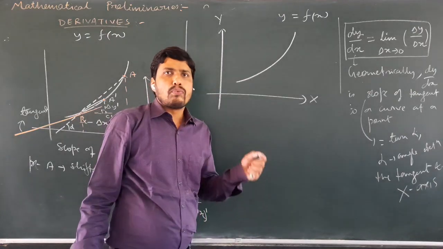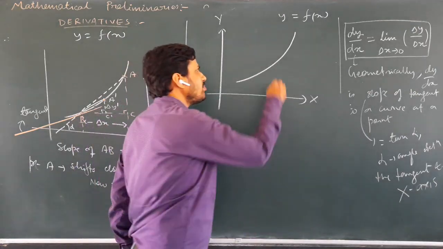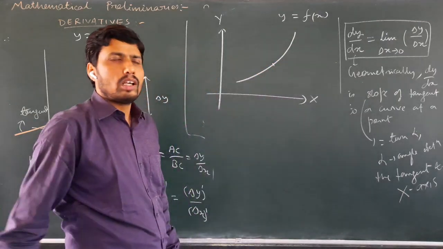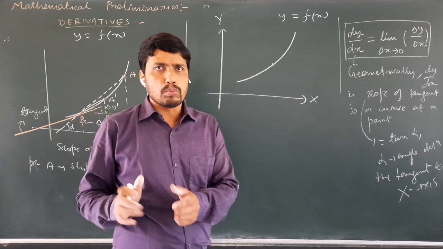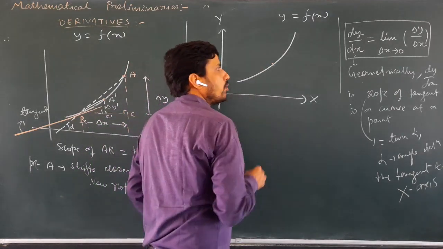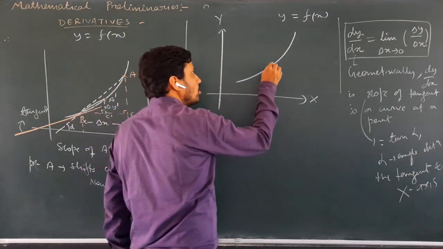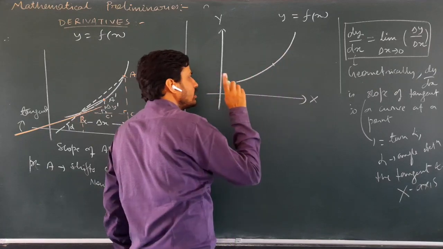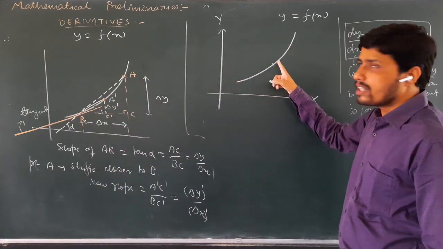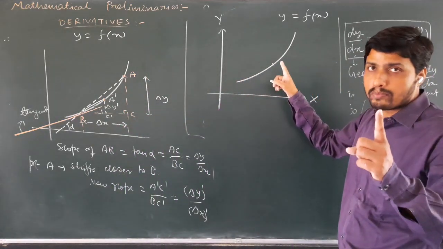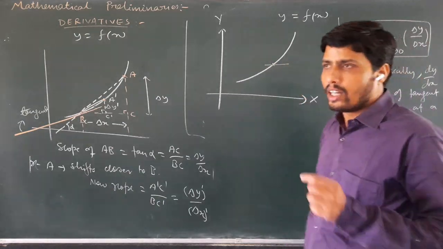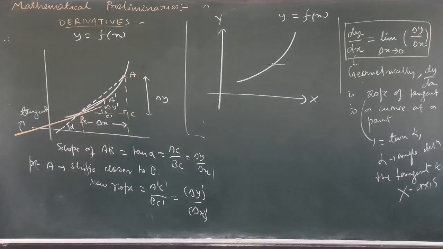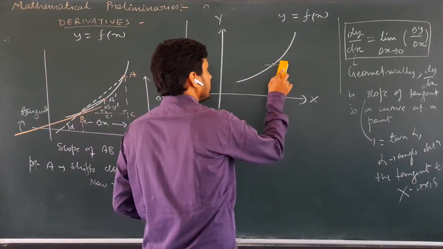Now, if you are asked to find its slope at some point, say this, different points on the graph may have different slopes. At this point, to find the slope, we will first draw a tangent. A tangent is a straight line which touches the curve at exactly one point. This is not a tangent. It is not touching, it is intersecting. So there is a difference between the words touching and intersecting.